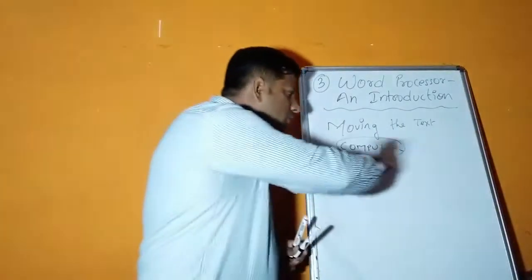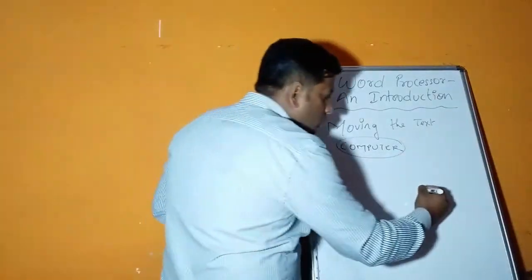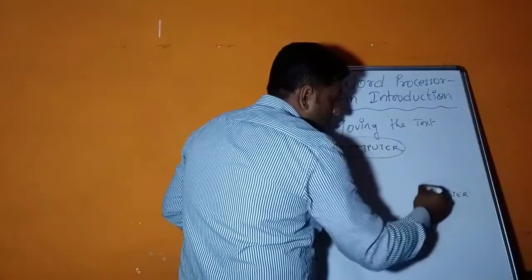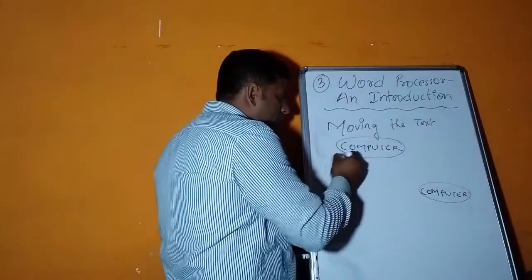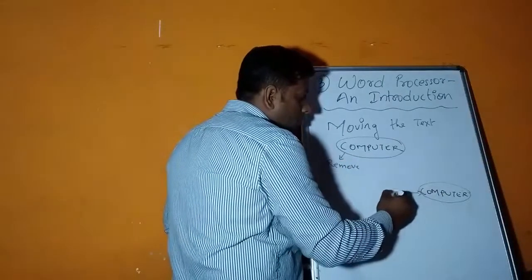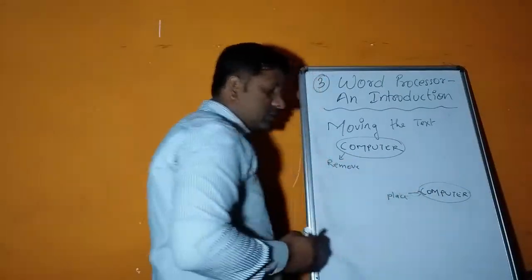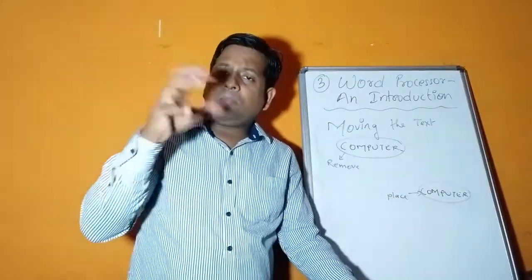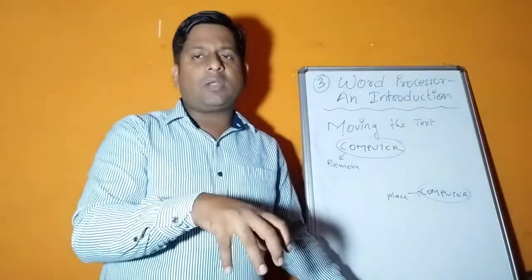You have to remove this one from here, and suppose you need to place it somewhere else. That means from here you need to remove, and here you need to place or insert. This is known as moving the text. You are shifting the position, the place of the text.